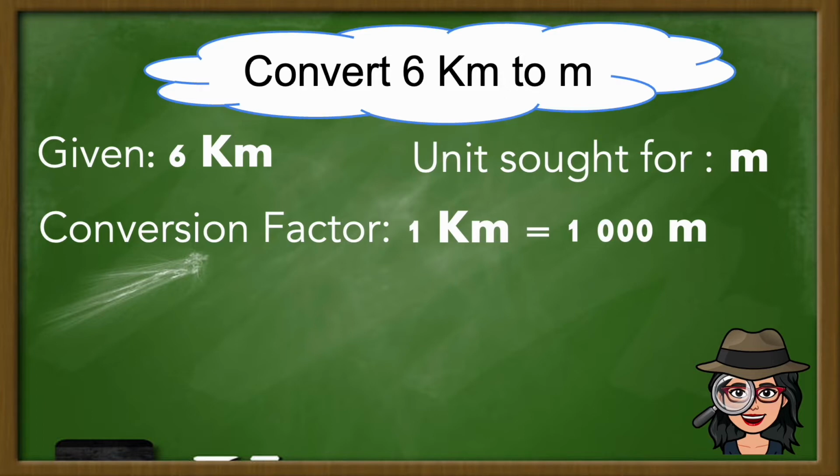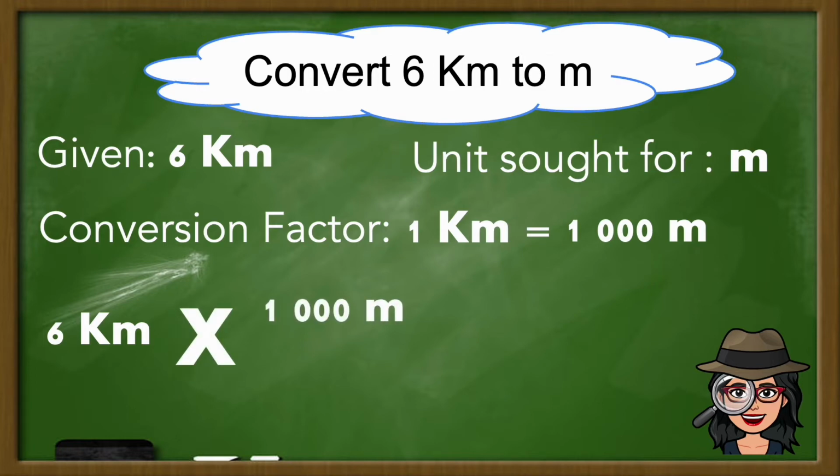So now, let's proceed with our solution. The given is 6 kilometers multiplied by our conversion factor, which is 1,000 meters divided by 1 kilometer. So now, you're wondering, why did I put 1,000 meters in the numerator and 1 kilometer in the denominator?